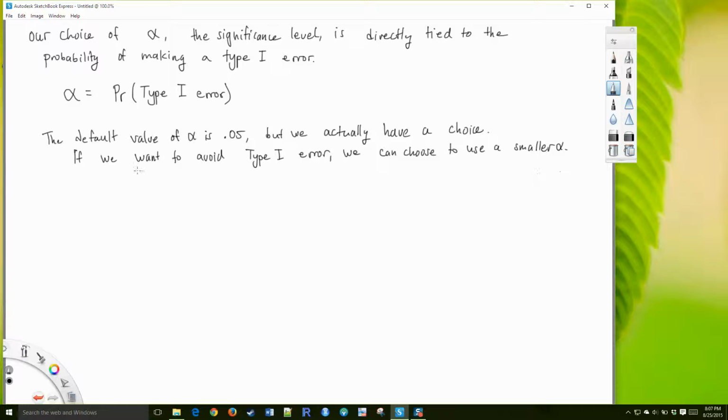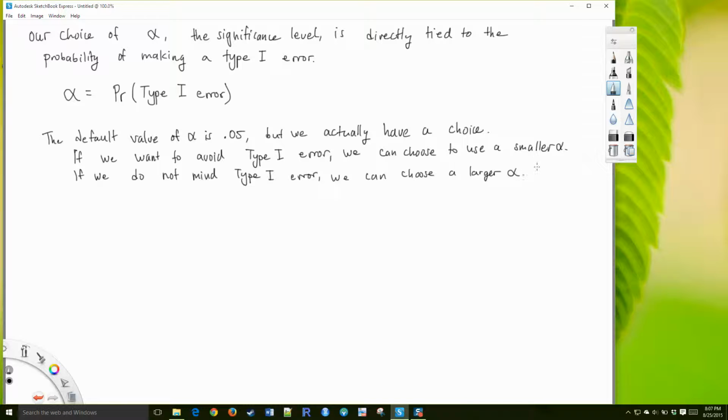And if we do not mind type 1 error, we can choose a larger alpha.